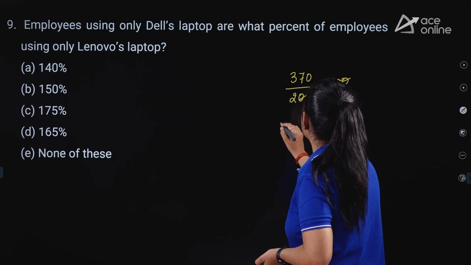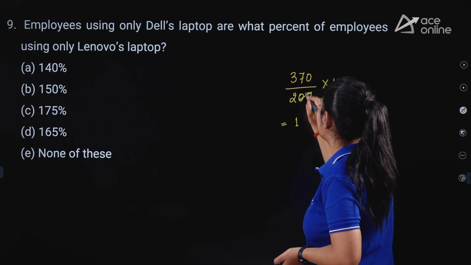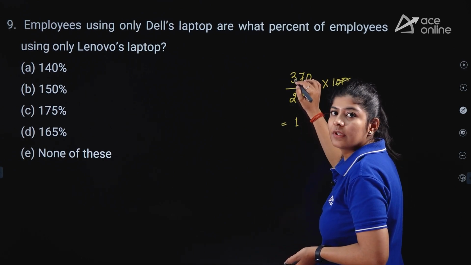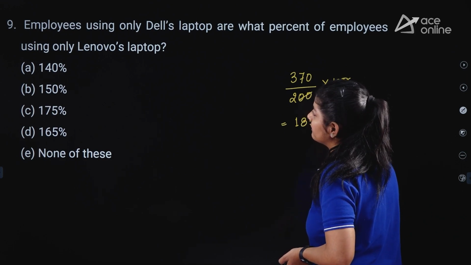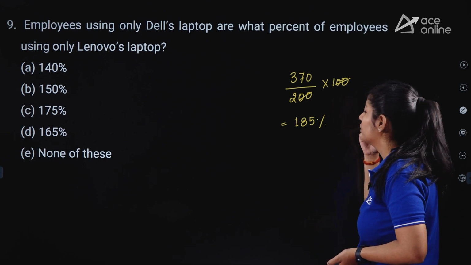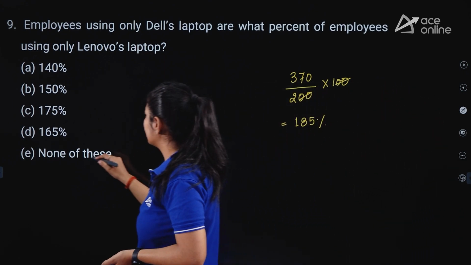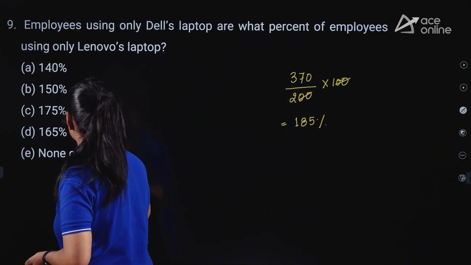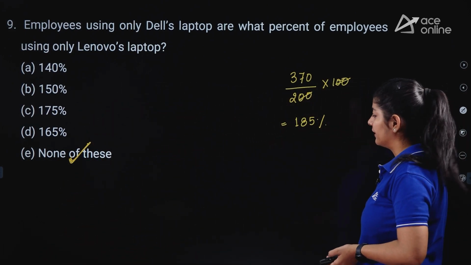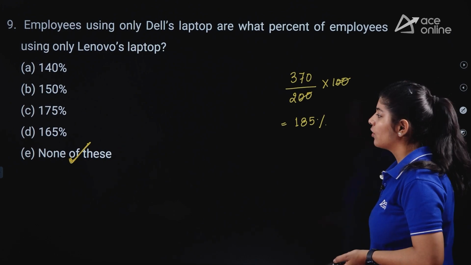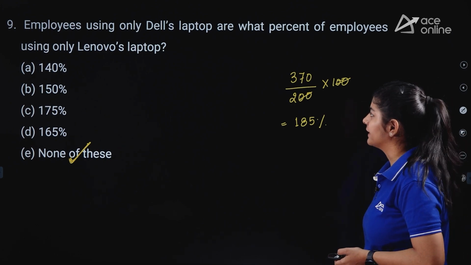So here what are we getting? We are getting 1.85, so on multiplying by 100 we have 185%. Do we have that in our options? No. So we can say that option number E is the correct one. Is it clear? The correct answer is option number E, 185%.